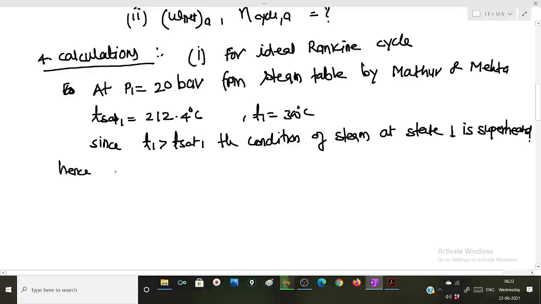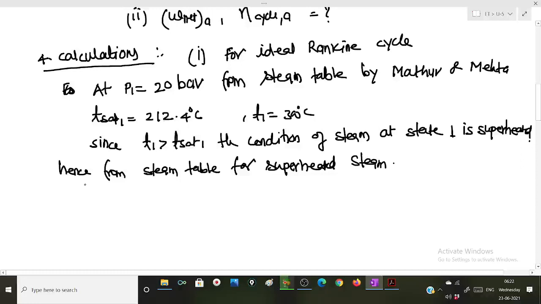Hence, from the steam table for superheated steam, now we are supposed to find out the values. Oh, sorry, this value is 360 degrees Celsius.